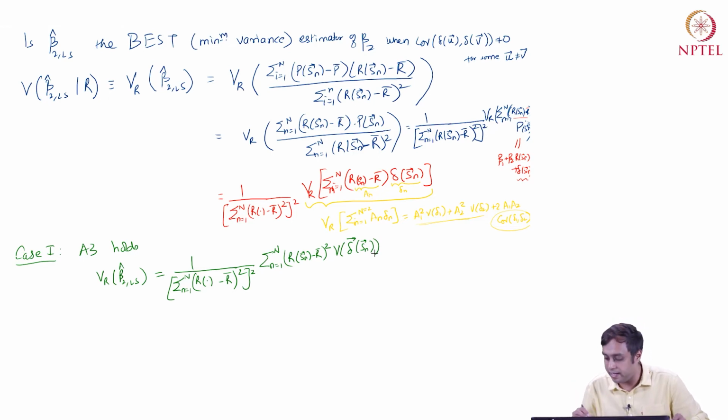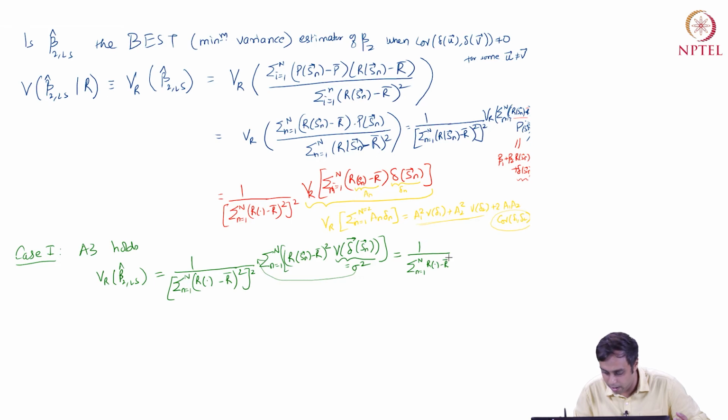And this variance of delta Sn is nothing but equal to sigma squared. It's a constant, so the constant will come out of the summation term. So I have 1 over summation n equals 1 to n (r minus r bar) squared, whole thing squared, times sigma squared times summation n equals 1 to n (r minus r bar), the whole thing squared.